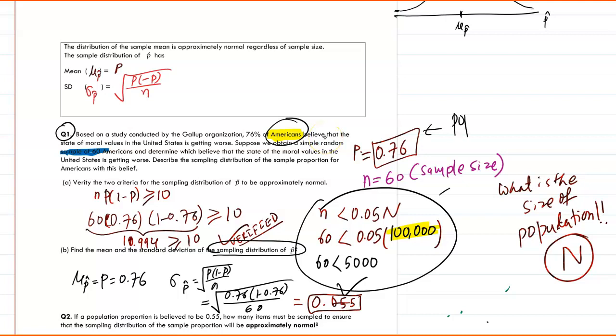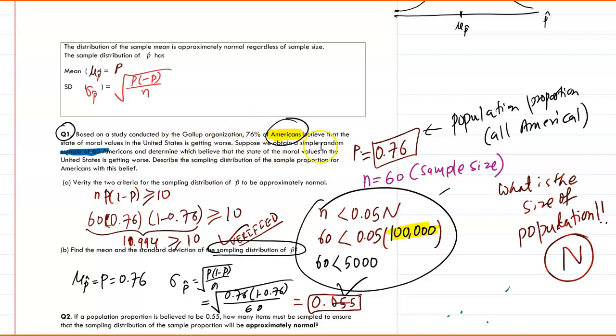This is the population proportion because it represents all Americans. And 76% believe that the state of moral values in the United States is getting worse.